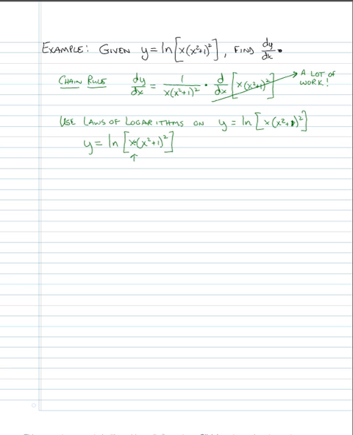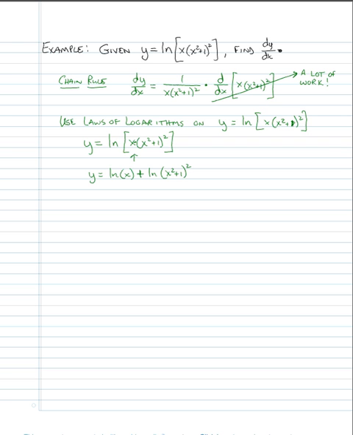So law number 1 that we listed in laws of logarithms would tell us that we can write this as y equals the natural log of the first factor plus the natural log of the second factor. Oops, not times, plus, my bad. The logarithm of a product is the sum of logarithms.